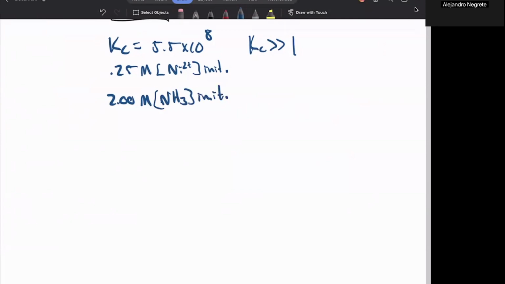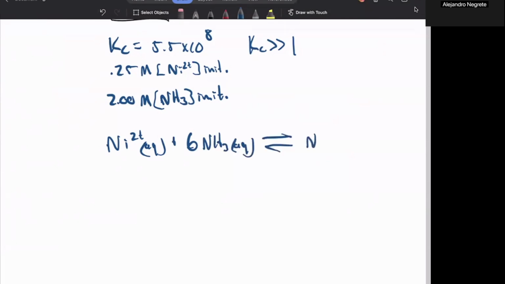Oh, and let's get our reaction together. So our reaction is going to be, we're going to take nickel 2 plus, aqueous, plus 6 moles NH3, also aqueous.